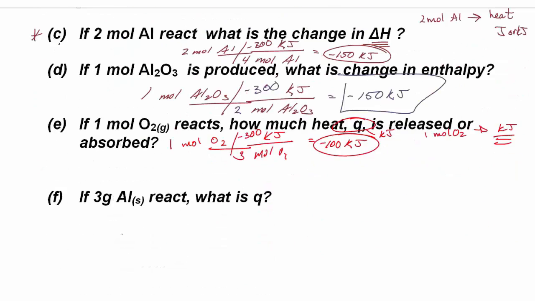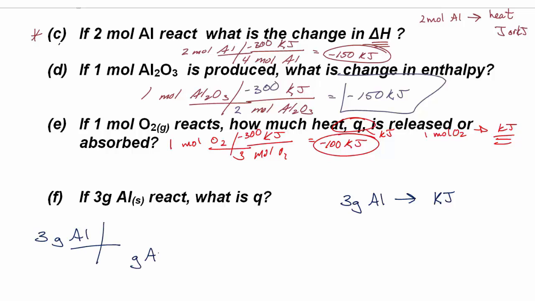If 3 grams of aluminum react, what is Q? So again, another way of asking the same question, all we're doing is converting 3 grams of aluminum into kilojoules. So we start with the 3 grams of aluminum.